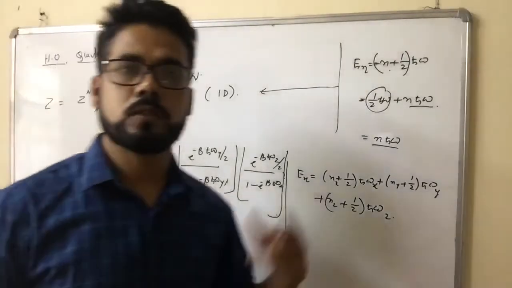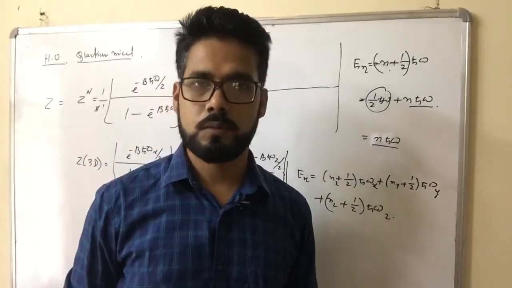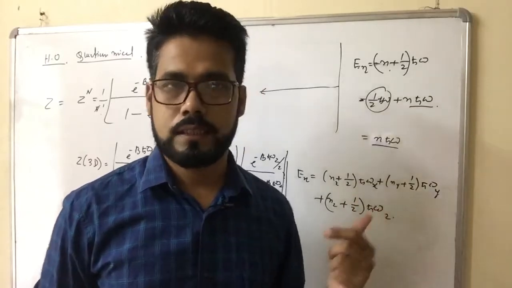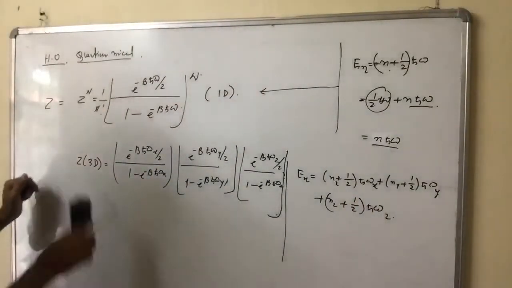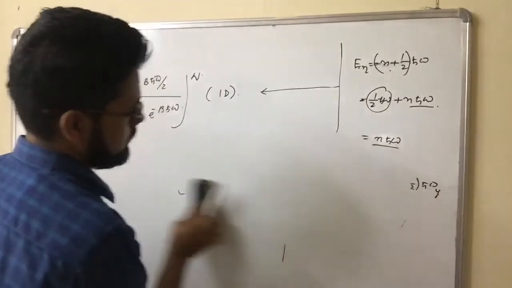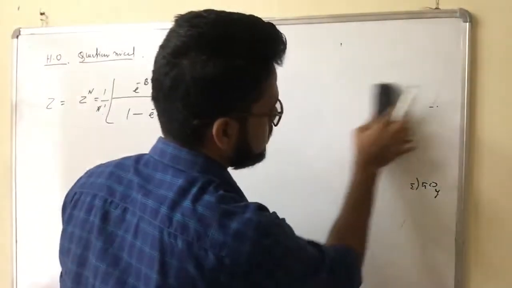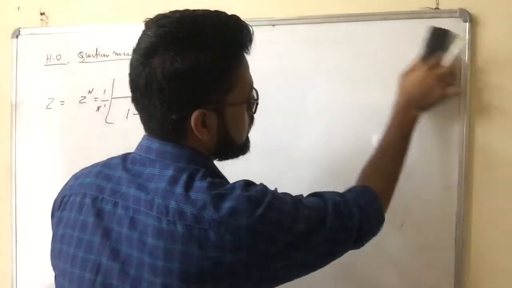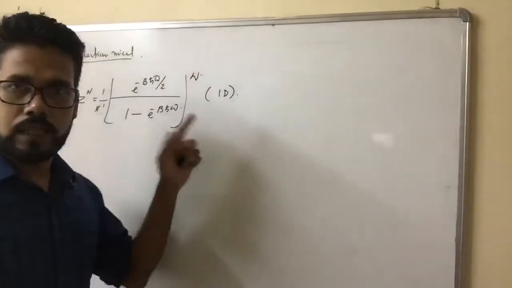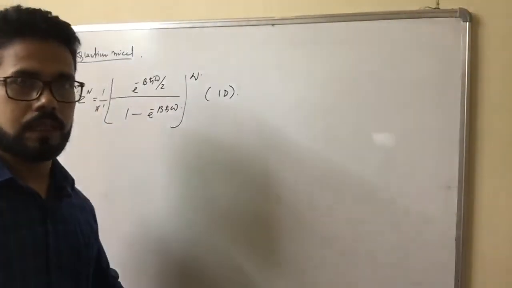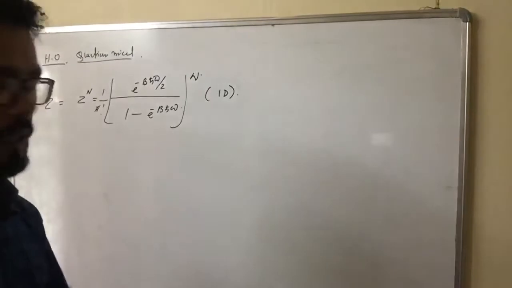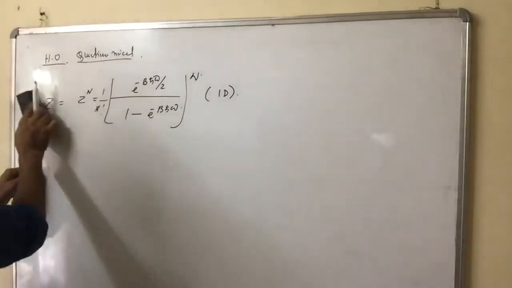Now I am considering all harmonic oscillators distinguishable, and that is why I am not writing 1 by N factorial. This part I already told you in the last class, but I am telling you again so that you can understand the remaining part of the thermodynamical parameters, and that is how I am going to calculate.